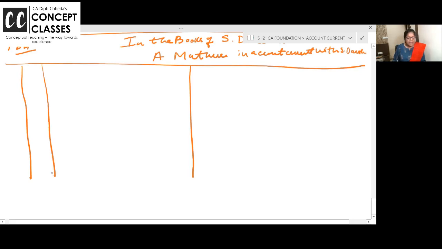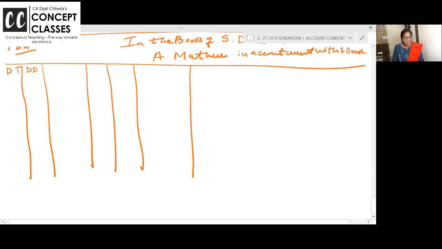Date, due date, particulars, amount, number of days and product. Date of the transaction, DT I'm writing, it's date of transaction, due date, particulars, amount, number of days, product.